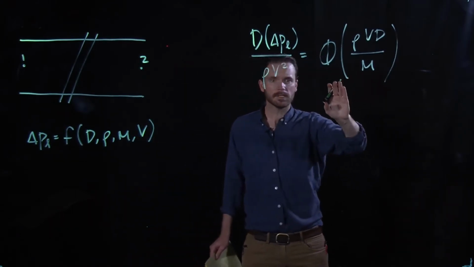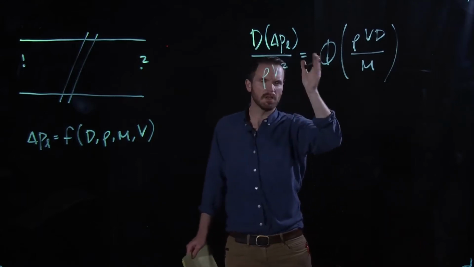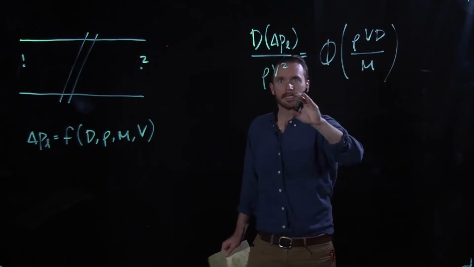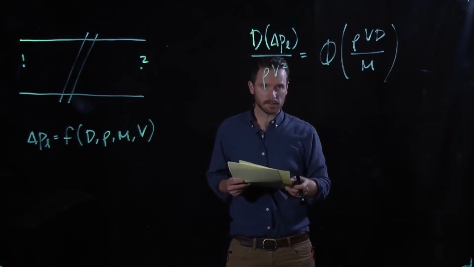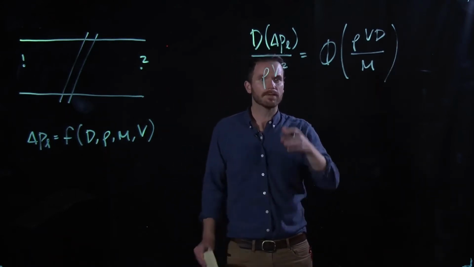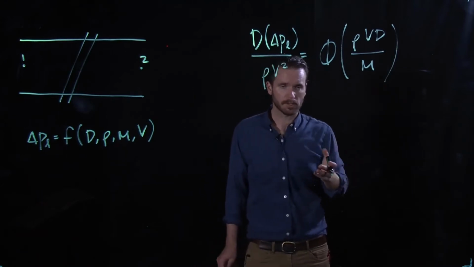Now, one of the things you'll notice when you look at both of these relatively complicated collections of terms is that if you go through the exercise of looking at the units of each of these, you will find that they are dimensionless, right? And we'll talk about that in depth.